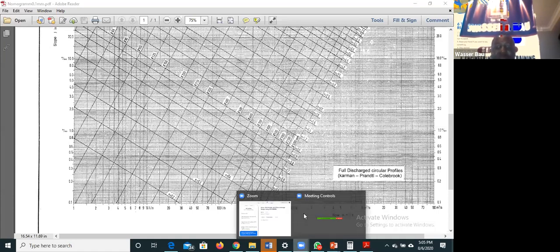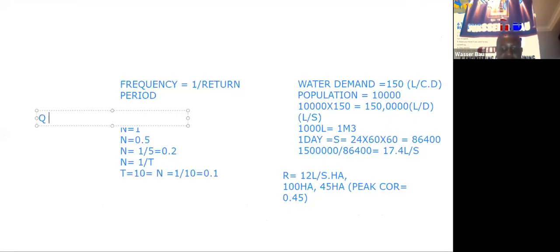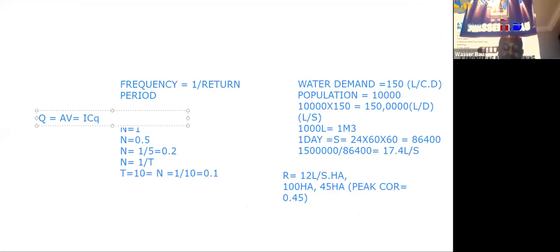And when I say traditional method, what are we talking about, gentlemen? Traditional method simply means Q = AV. We all know that. In some schools, they will say Q = ICA, with a small q. These two mean the same thing.